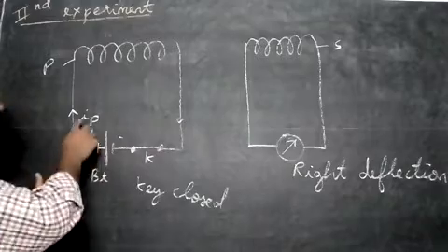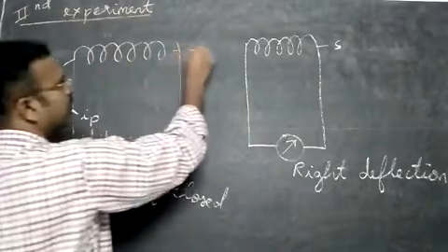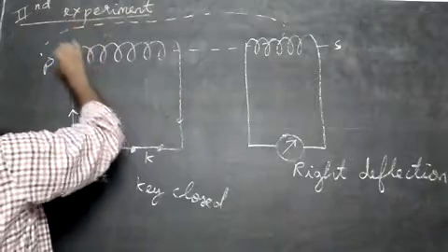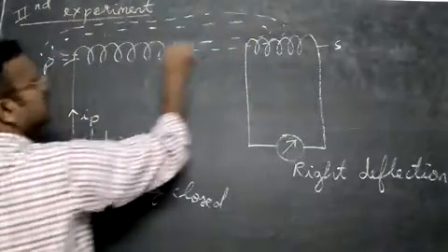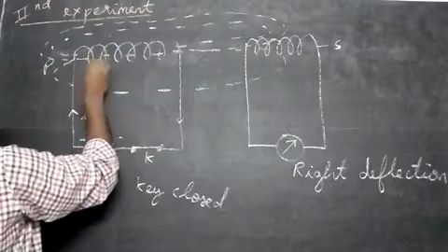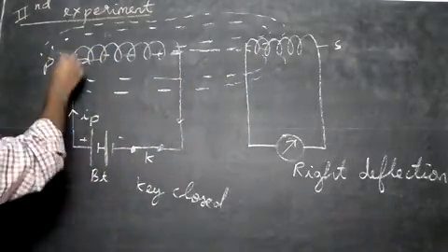There is a current going in this primary coil. This current will produce a magnetic field, which will go and hit this secondary coil, and the magnetic field increases here.